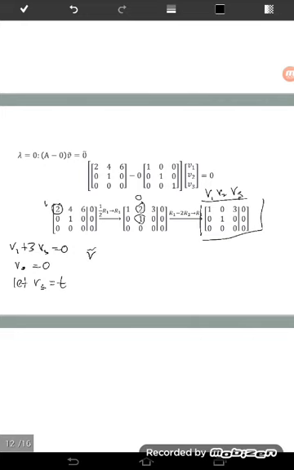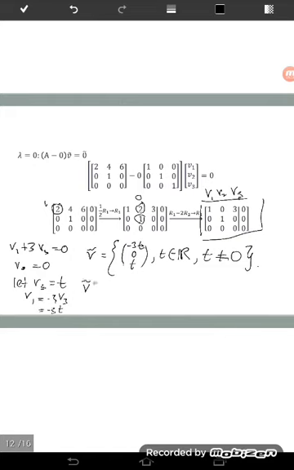We have the eigenvector which is equal to negative 3t, then 0, and t, for t an element of real numbers with t cannot equal to 0.